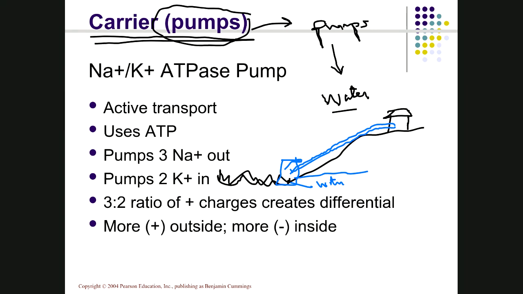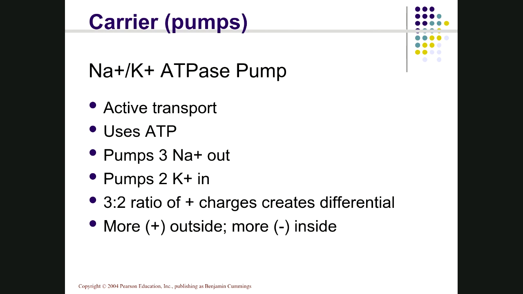I'm going to have to use some sort of energy to get that water to go up that pipe and go to my house. And if I turn the electricity off, it's not going to work anymore. Cells have pumps too. And these pumps pump different things. One of the main things they pump is ions. They're active transports, not passive, it's active.